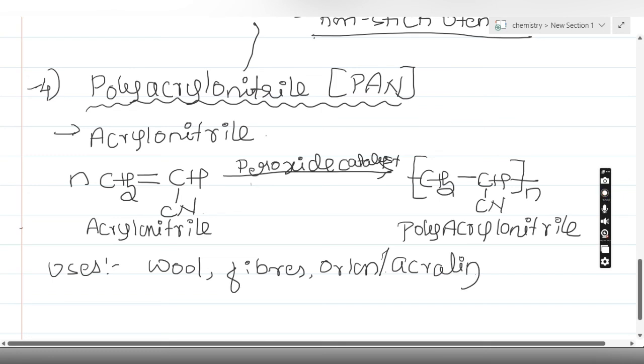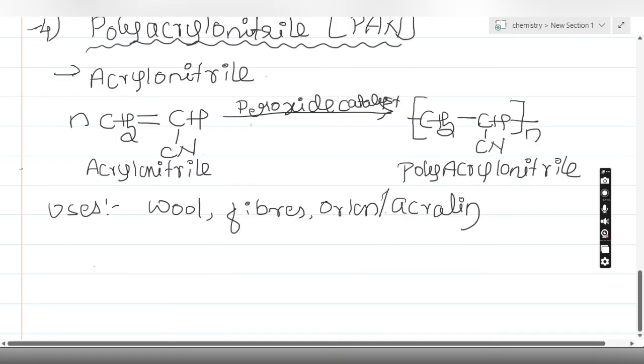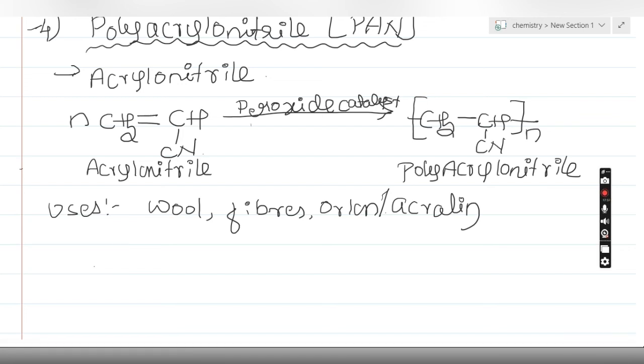So these are the major uses of polyacrylonitrile. These are the four major addition polymers, or addition polymerization reactions, given in your textbook. In the next segment of the video, we are going to discuss condensation polymers.